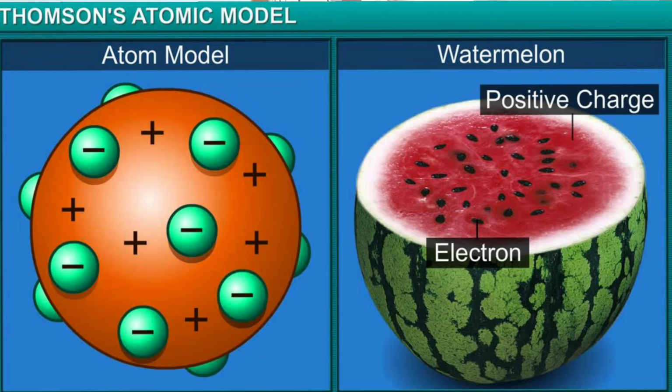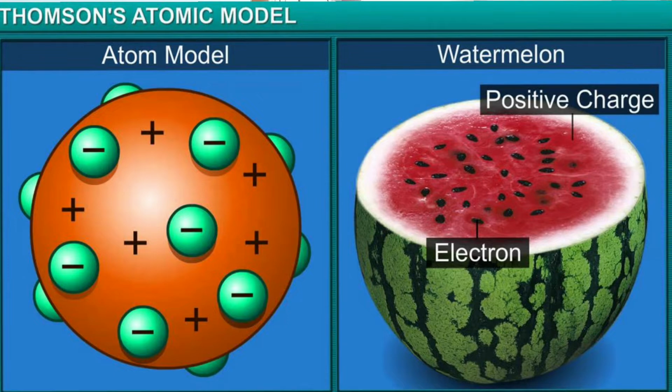He explained that all the electrons are uniformly distributed or embedded in the total mass of the atom. That total mass of the atom is compared with the nucleus. So the nucleus is nothing but the red part. Overall the mass of the atom is due to the nucleus of an atom. That means the red part is present in the cut surface of the watermelon. So this is about Thomson's atomic model.